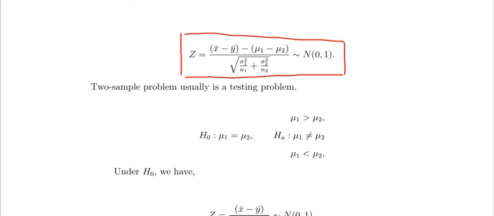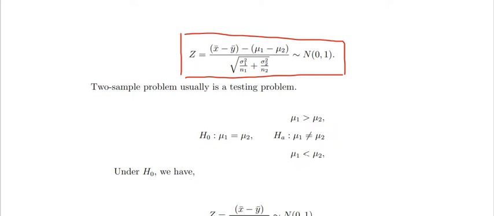So here H0 is mu1 equals mu2, meaning the two methods or two classes have no significant difference. And HA is that there is a difference, or more specifically, that this is better than that, like mu1 larger than mu2, or mu1 less than mu2, or simply mu1 and mu2 not the same. So here, again, we have three options for HA.